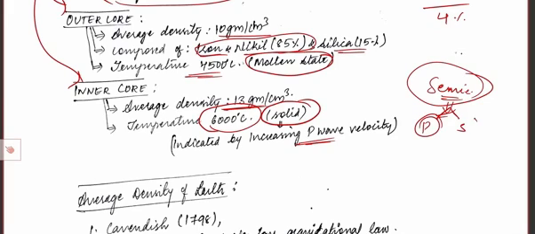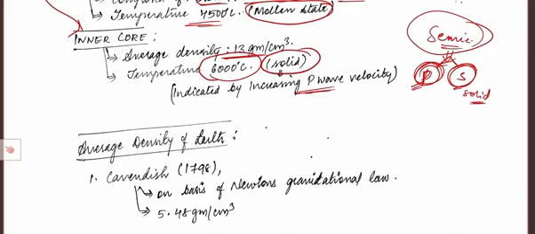P means primary waves and S means secondary waves. P waves travel in all conditions and S waves only travel in solid conditions. From this we can understand what kind of temperature and what kind of solid or liquid conditions are present in the interior of the earth.